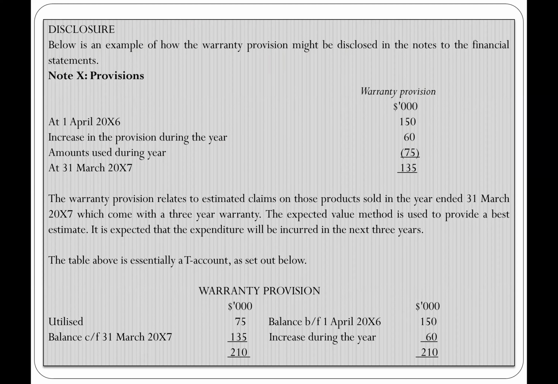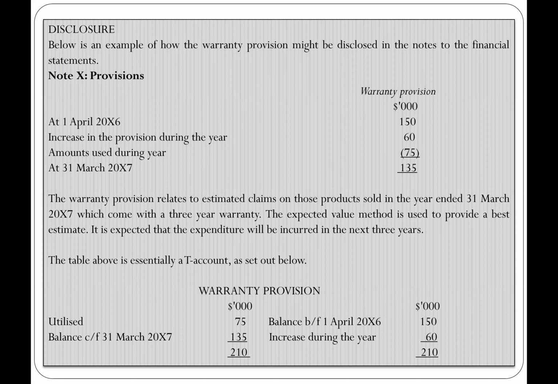So this is an example of how we can create a disclosure note that explains this scenario. So note number X, talking about provisions, we state what the provision was at the beginning of the year. It was 150. We specify the amount that we used during the year to pay for the cost of replacing the tees, which is 75,000. And then we incorporated the bump up of the provision, or the increase of the provision, by 60,000, such that the provision at the end of the current year becomes 135,000.